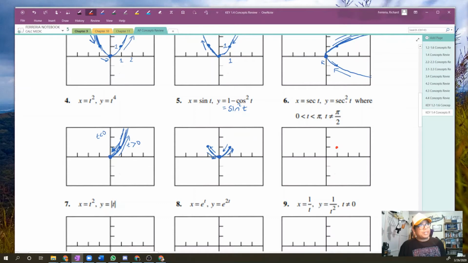Which means that the secant is 2 over radical 2, which is, I believe, just 1 over rad 2. What about the secant squared?